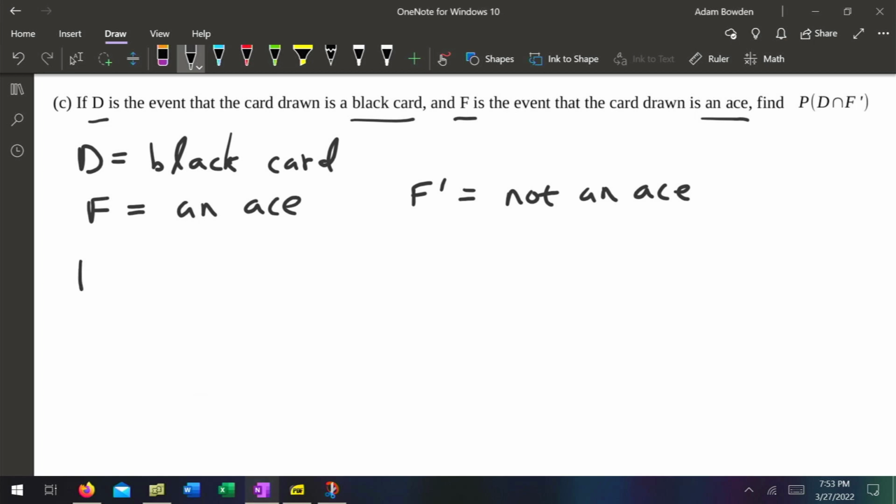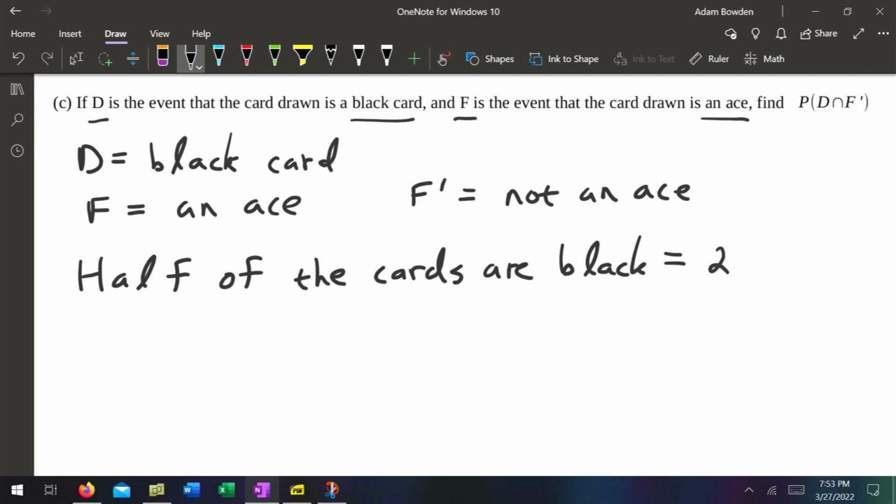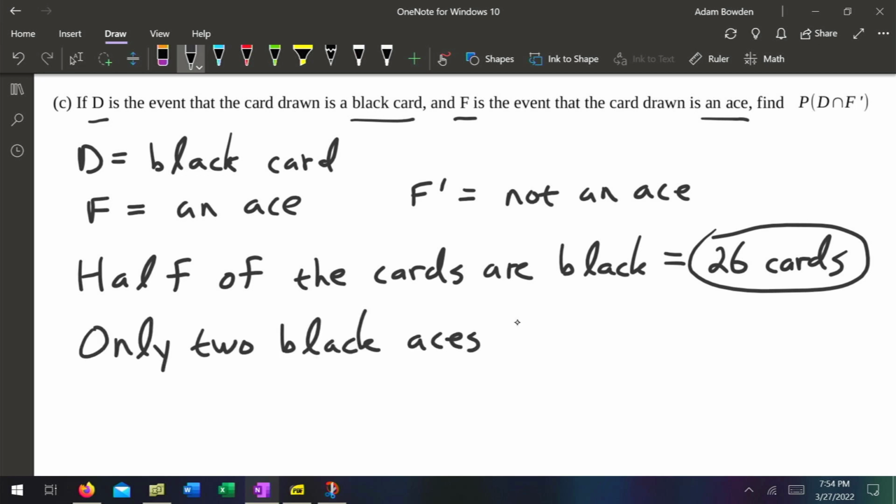So how we do this here is to consider that in the deck of 52, half of the cards are black and half of them are red. So that means that's a total of 26 cards that are black. Only 2 of those cards are aces. Those are the ace of spades and the ace of clubs.